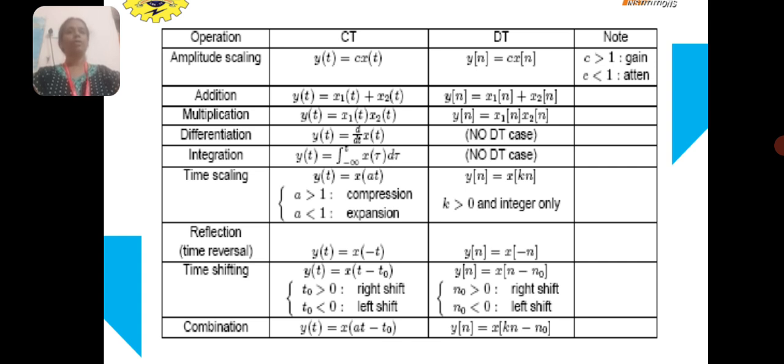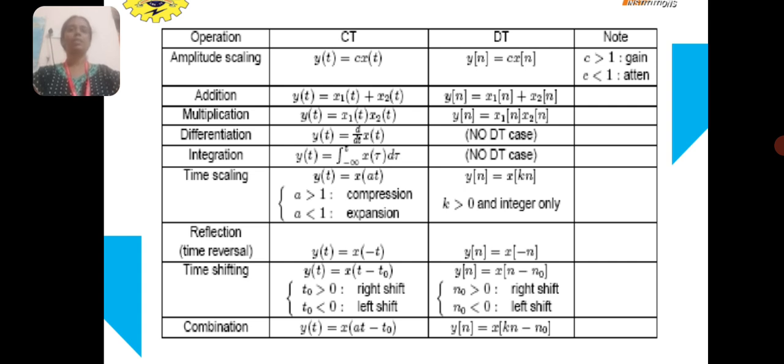Amplitude scaling. In this operation, the amplitude of the given signal is either scaled up or scaled down. For example, y of t is equal to x of t is the actual signal, whereas if the amplitude has to be scaled, y of t must be equal to alpha times x of t.